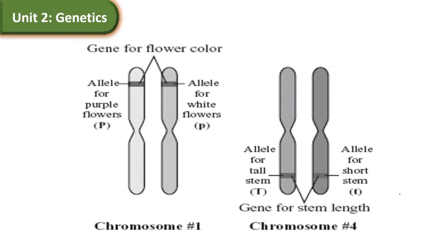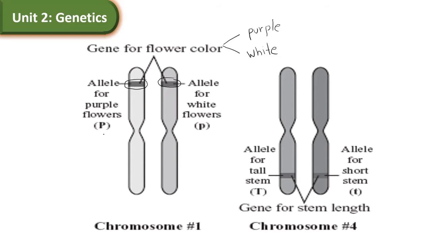Using the experiment of Mendel, we have here the allele for the flower color. Your flower color here is the gene, and your flower color has two alleles: the purple and also the white flower. So in our example here, your chromosome number 1. This is the section wherein the allele can be found.